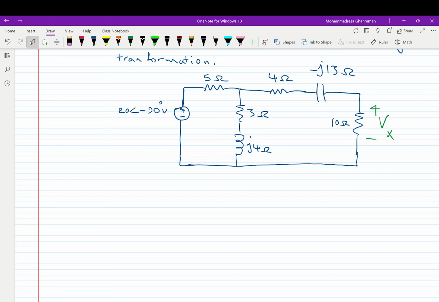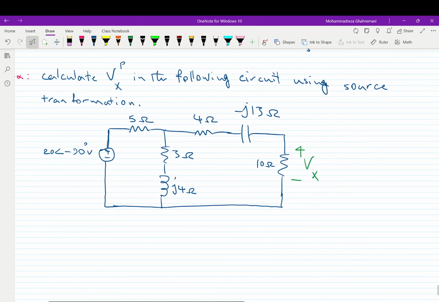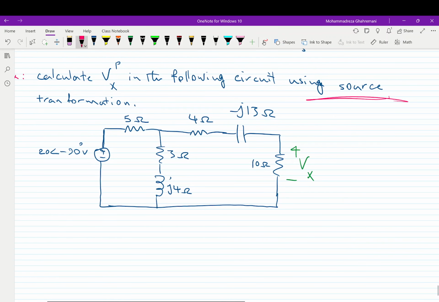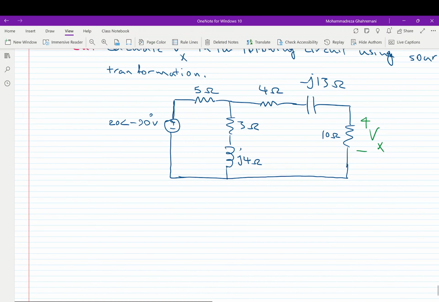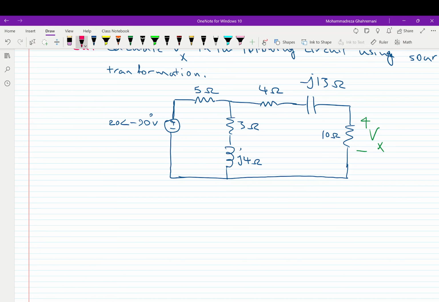Of course, we can solve it with a mesh analysis. We have two meshes, but the problem wants us to do it specifically with source transformation. So let's do that. In order to solve this problem, we first consider this voltage source and resistor and convert it to a current source and resistor.